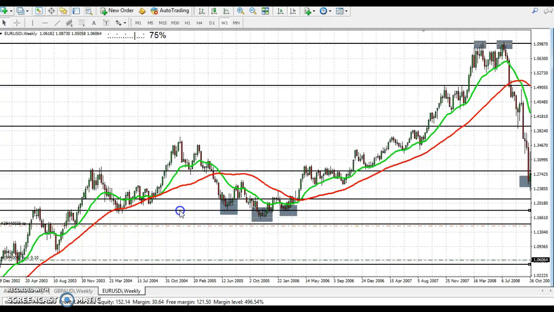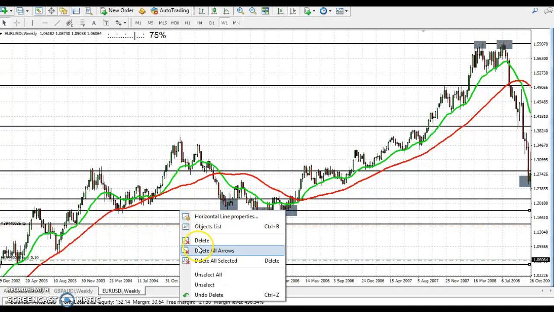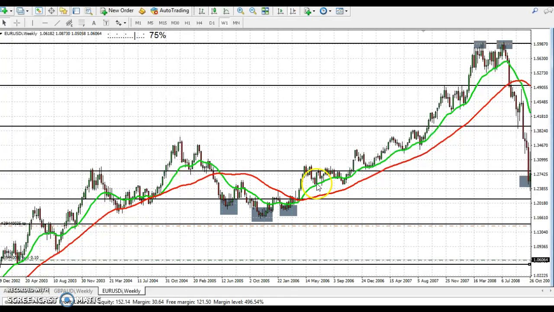As you can see, matched perfectly up with it, making that a head and shoulders, not a triple bottom.